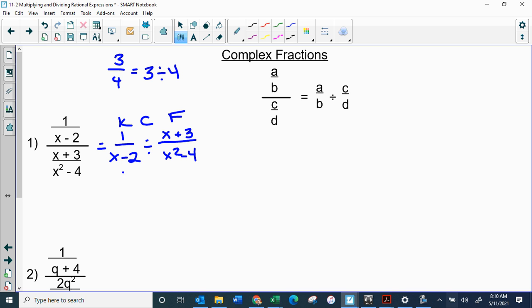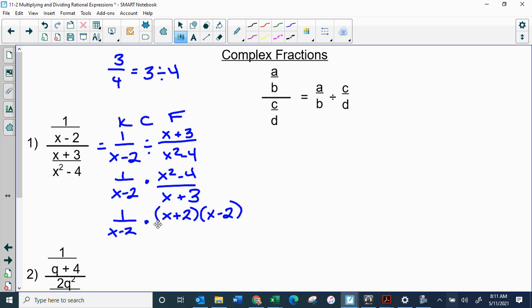We're going to keep this 1 over x minus 2, change that to multiplication, take the reciprocal of this one, x squared minus 4 over x plus 3. x squared minus 4 is actually a difference of squares, so let's go ahead and factor that. So now I have 1 over x minus 2 times x plus 2 times x minus 2 over x plus 3.